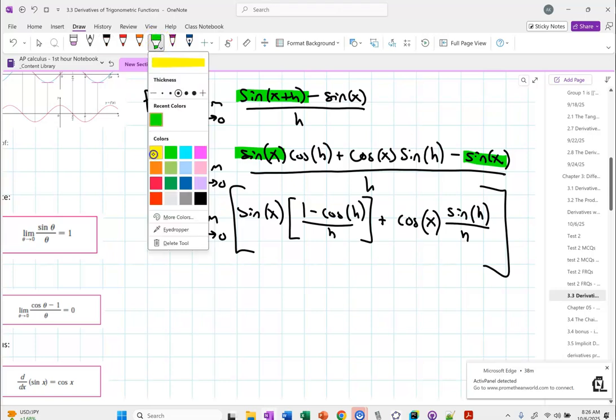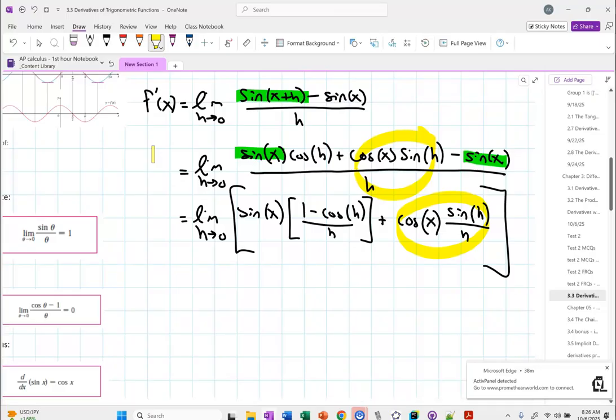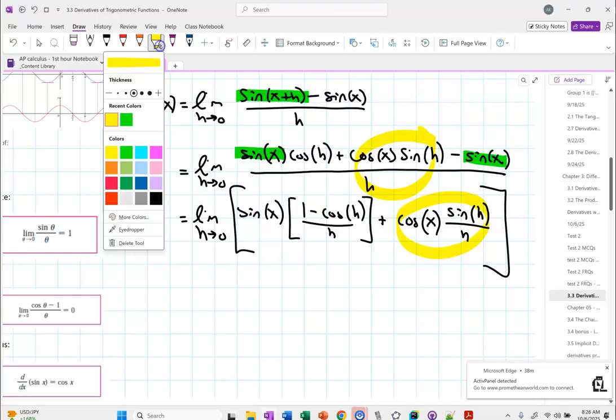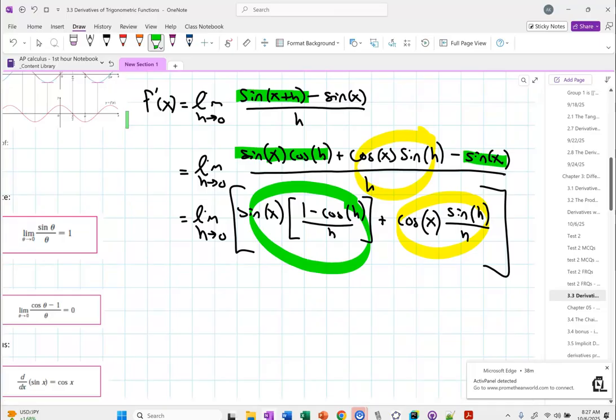So if you take a look, this piece is that piece, right? You guys see it? And those two green pieces, I just factored the sine x out front. Oops, that negative's in the wrong place, right? It should be that.